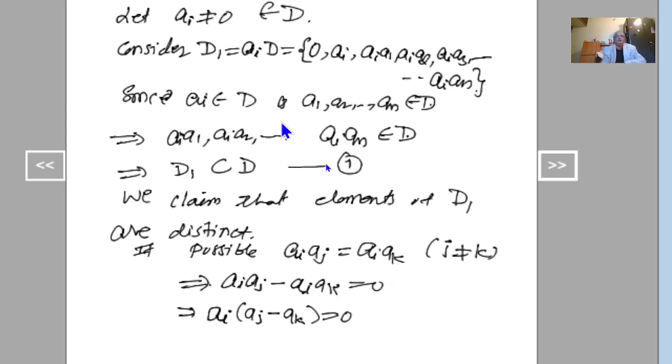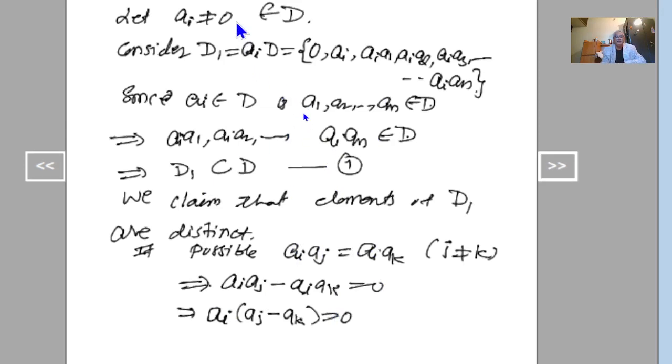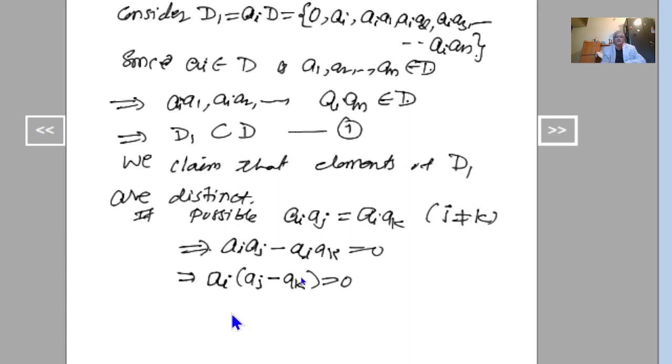And here we have D is an integral domain, therefore D is without zero divisors. So AI into AJ minus AK equal to 0 implies AI equal to 0 or AJ minus AK is equal to 0.